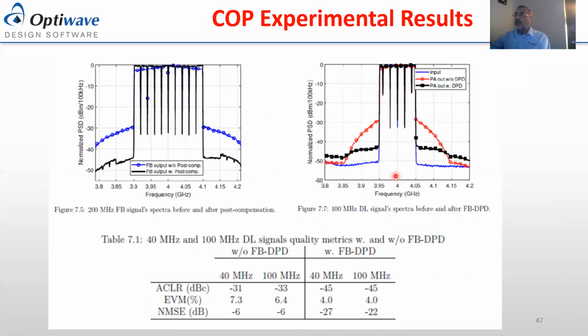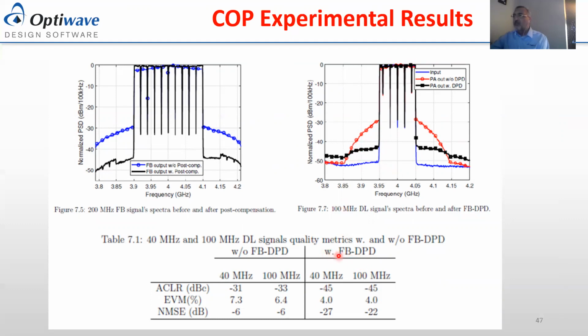This is a summary of the experiment. Here the original signal is the blue one, and then you see the signal with and without digital predistortion and feedback.